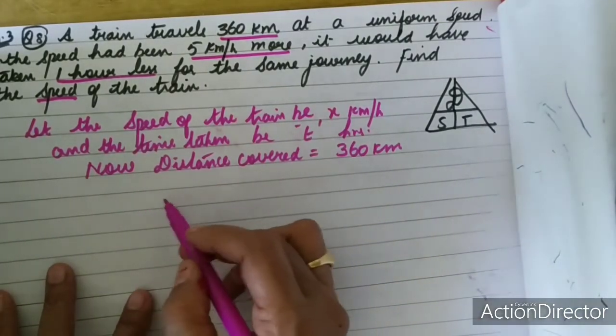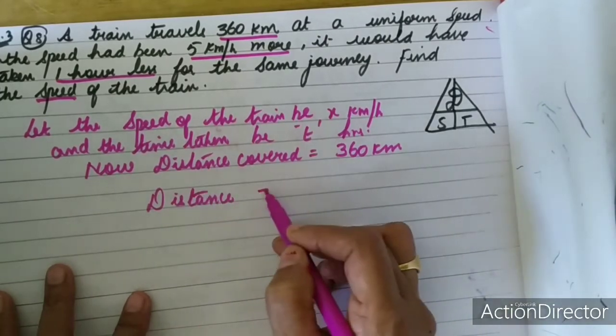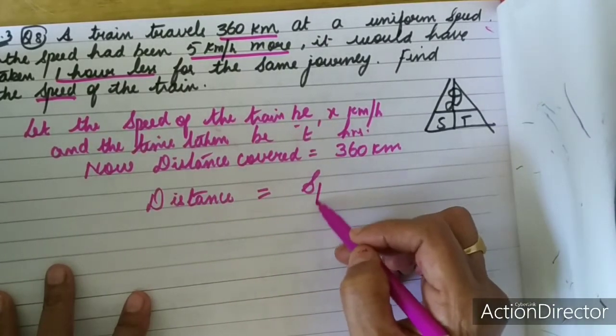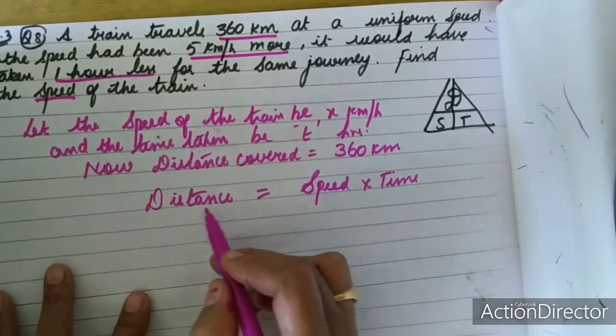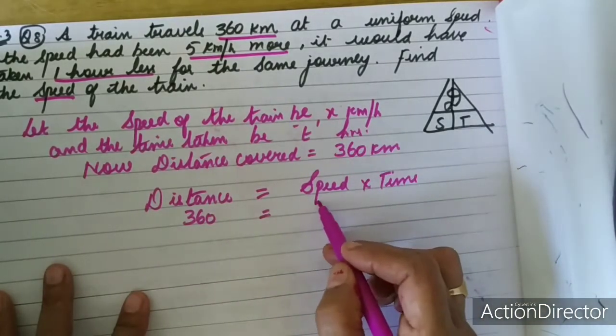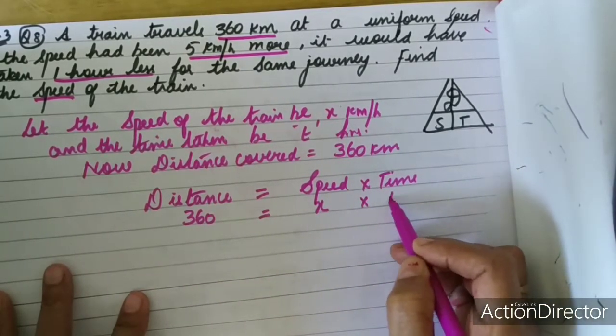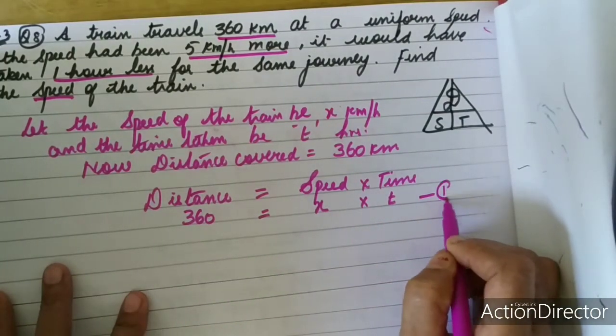What is first given? You know the formula, distance is equal to speed into time. Now what is the distance over here? 360 is equal to speed, we have taken it as x, and time we have taken it as t. Now let us name this as first equation.